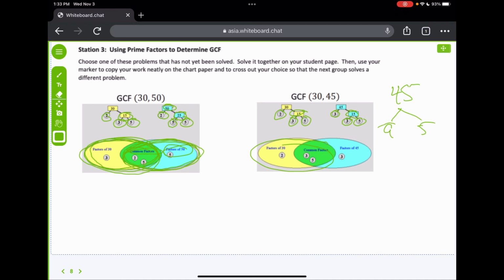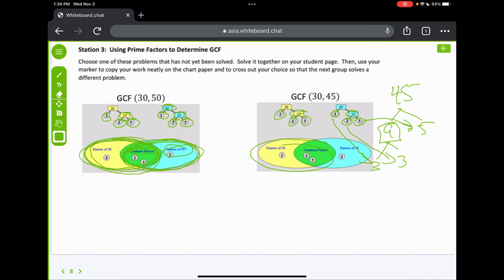Well, this breaks down to 3 and 3, and we still have the same numbers. Okay, see that? So it doesn't matter how you break them down. Whenever you're breaking it down into prime factorizations, you'll always break them down into the prime numbers.